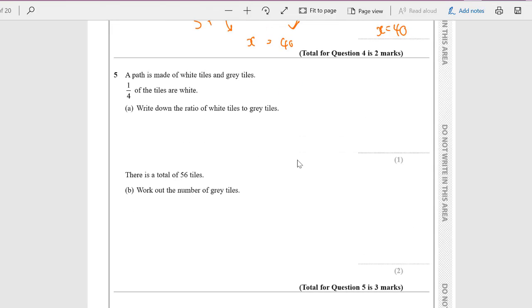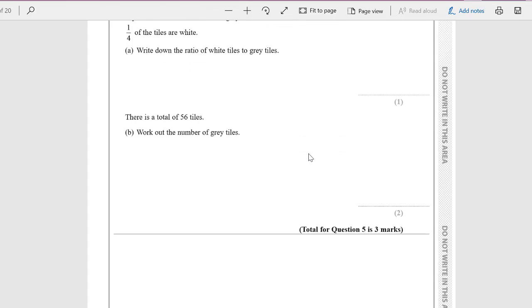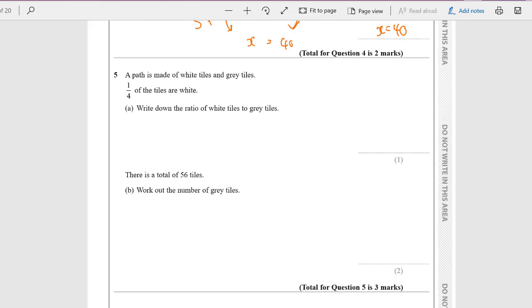Right, so question 5. A path is made up of white tiles and grey tiles. A quarter of the tiles are white. Write down the ratio of white tiles to grey tiles. So a quarter of the tiles are white. So I'm just going to put W there. And then we want to know the grey tiles.